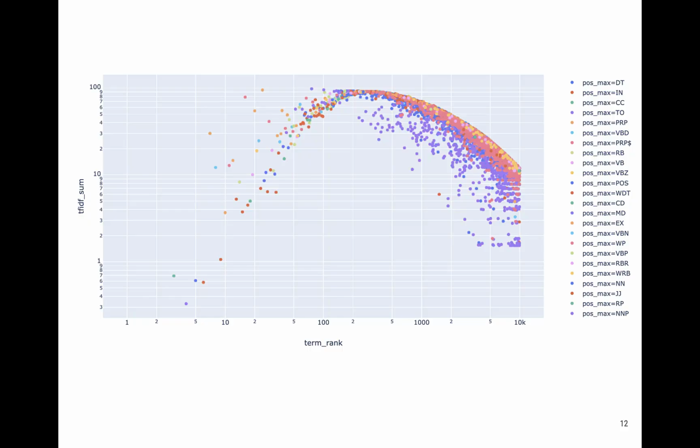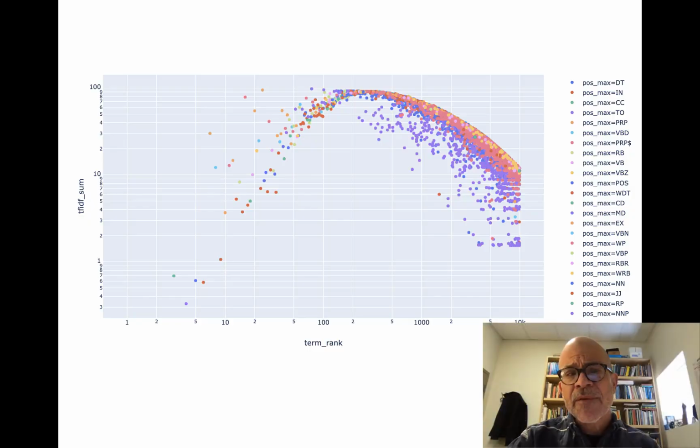And as you move to the right into the apex of the curve, you start to hit interesting words that are significant both statistically and intuitively when you actually look at them. And as you go to the right, the words are still interesting, but they start to become less frequent.